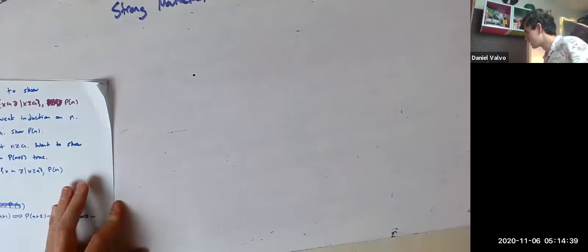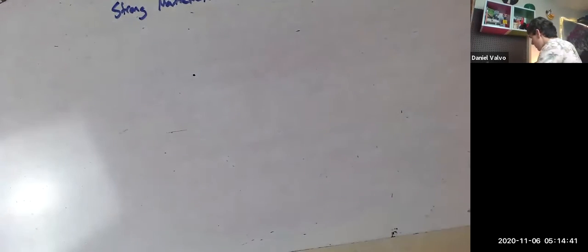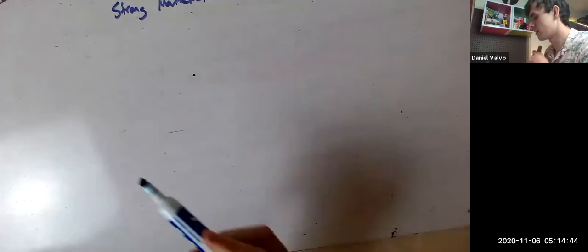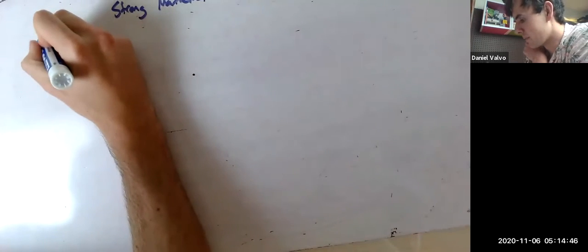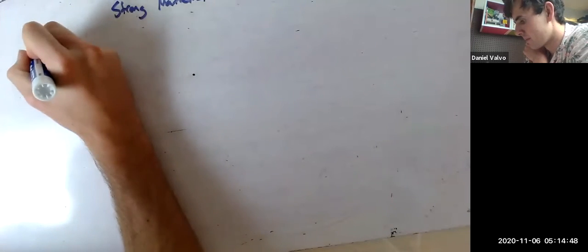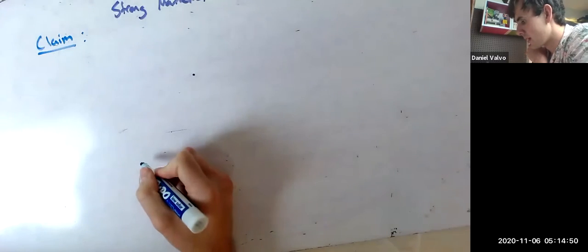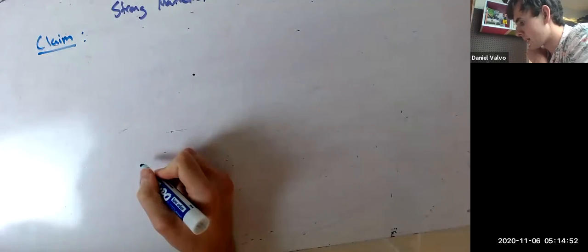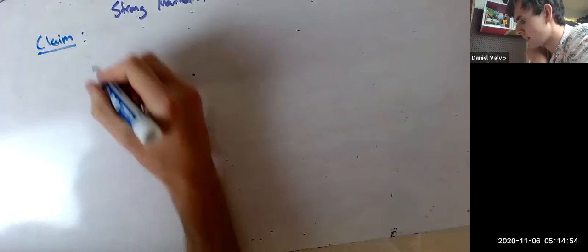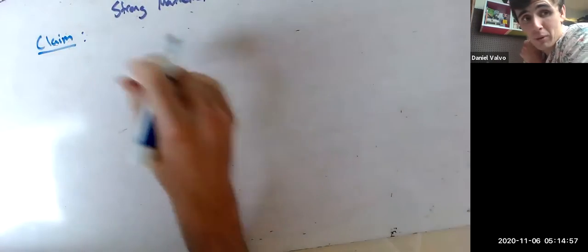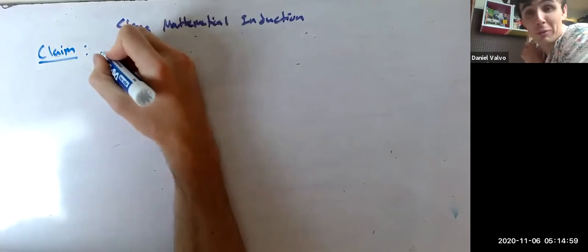All right. So let's say we're trying to prove the claim. The claim is the big claim. It's the fundamental theorem of arithmetic.